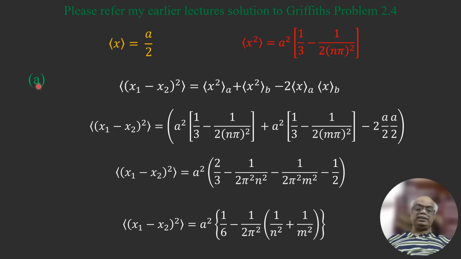In the first section, we are taking that the particles are distinguishable. We can distinguish between particle A and particle B, so the formula is given.